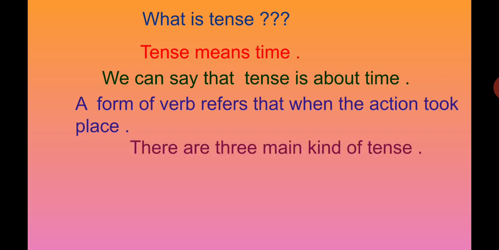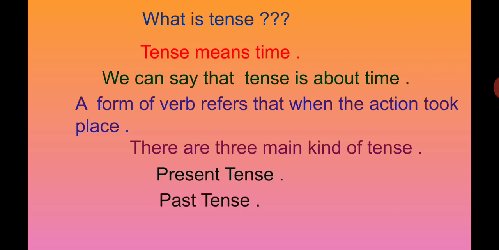There are three main kinds of tenses. Which are they? Present tense, past tense, and future tense. If we want to learn the names of present tense, past tense and future tense in a very easy way, then we can say that present tense means today, past tense means yesterday, and future tense means tomorrow.